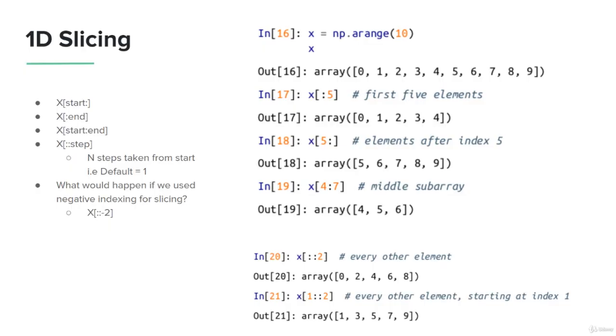The question you should ask yourself here, and explore by yourself whenever you're doing exercises in the Colaboratory notebook, is what would happen if we use a negative index for slicing? That is a very good question. If you have studied the concepts well, we saw that negative indexing is just a wraparound of the normal, simple indexing. So you should be able to apply that here and understand that it's not that different.